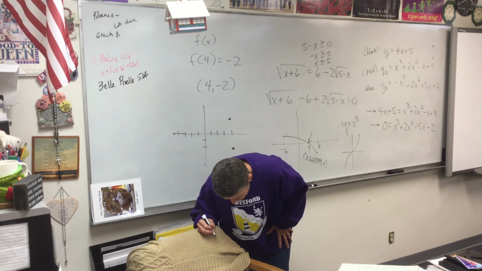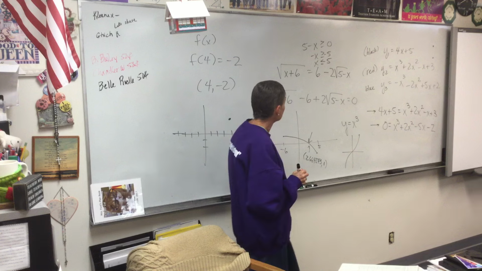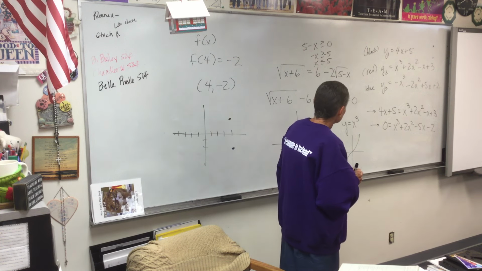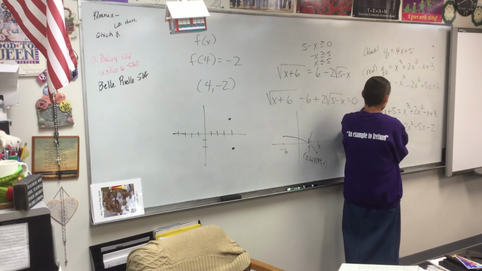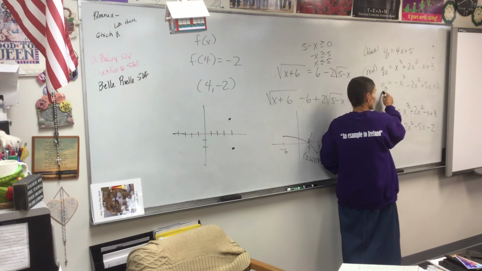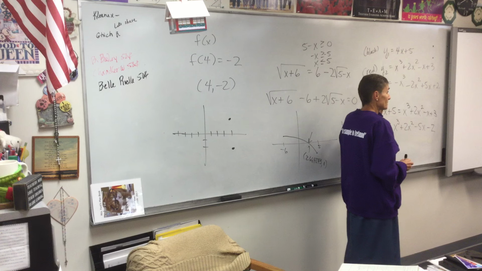Confirm numerically that the x-intercepts of y3 give the same values. Okay, look at y3 and look at the answer we got to A and B. What do you think about these two equations? Well, if you were solving this one, you would set it equal to 0 and find its x-intercepts.